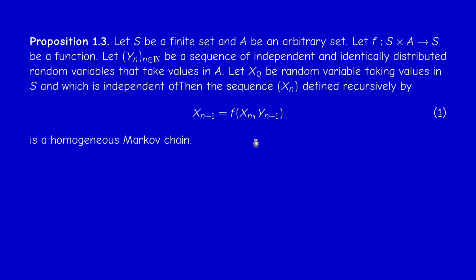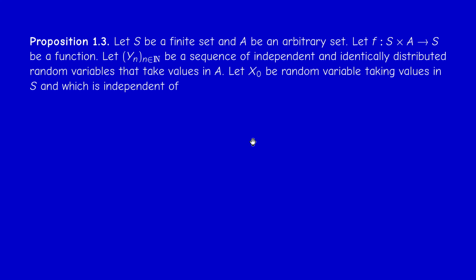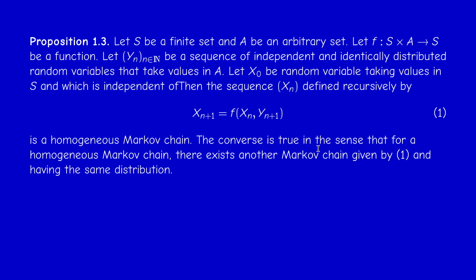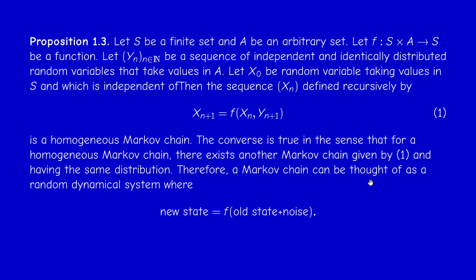And the converse is true as well, in the sense that if you have a homogeneous Markov chain, then there exists another Markov chain given by 1 and having the same distribution. Okay, so we can think of a Markov chain as a random dynamical system.